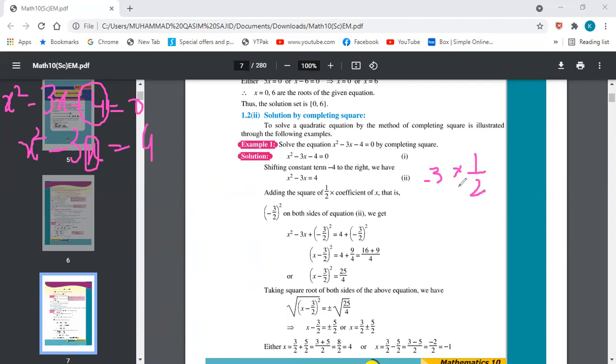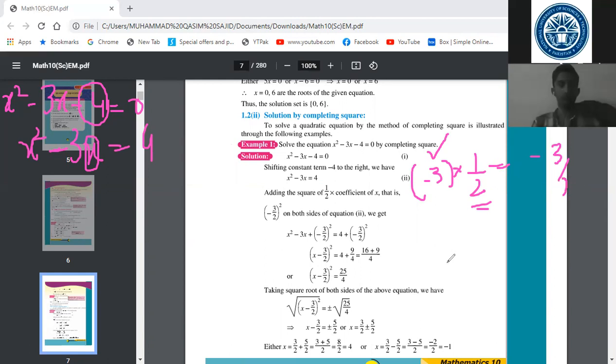This is the standard: this value will change, but the constant half is multiplied with the coefficient of x. So again I am saying, multiply half with the coefficient of x. The coefficient of x is minus 3, so this equals to minus 3 upon 2.